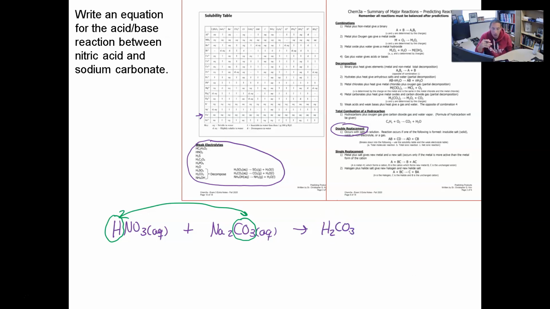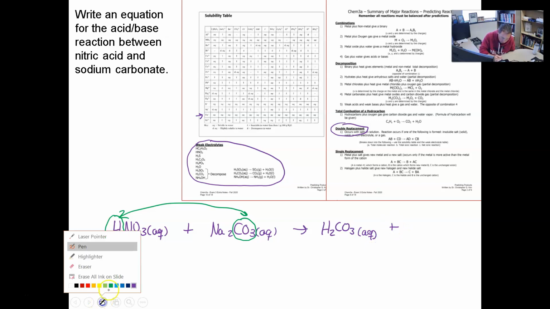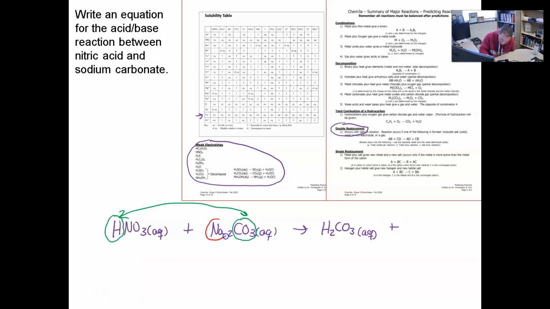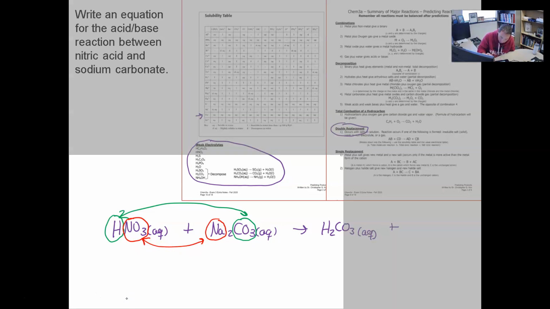Now remember, we have water, we have H, it's going to be aqueous. Plus, then, our sodium, we don't care how many, is going to hook up with our nitrate. Sodium's +1, nitrate's -1.